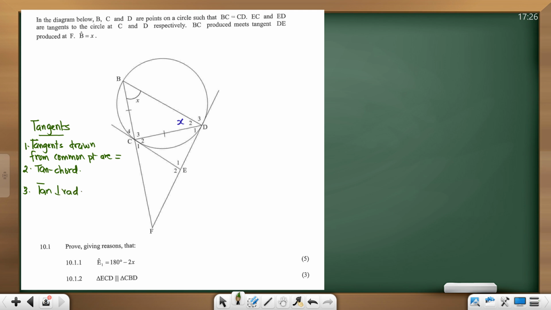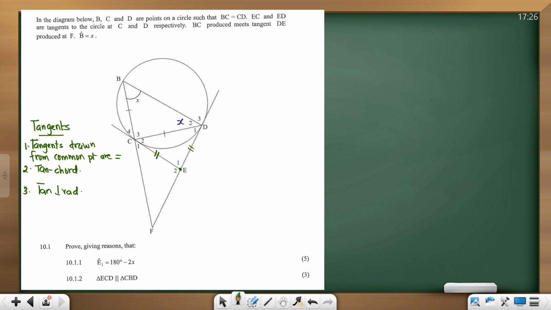Okay. In this particular one, which one do you think will apply? T1, T2, or T3? T1. Okay, hold on. At this point, we know that EC is the same as ED. Let me know if that makes sense.